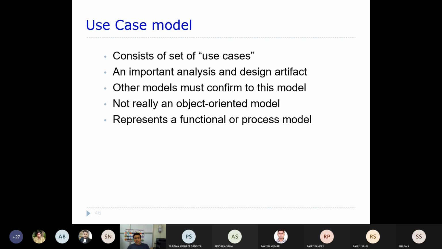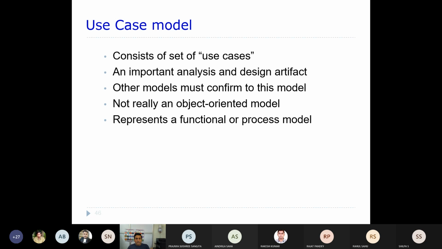It represents a functional or process model, because you can see the different high level functions here. That is why, if you talk about any object oriented UML diagram, it not only takes into account the object aspects, but also the procedural aspects.